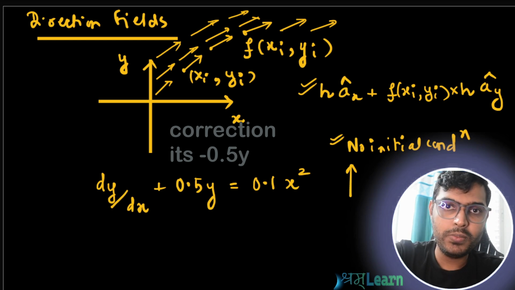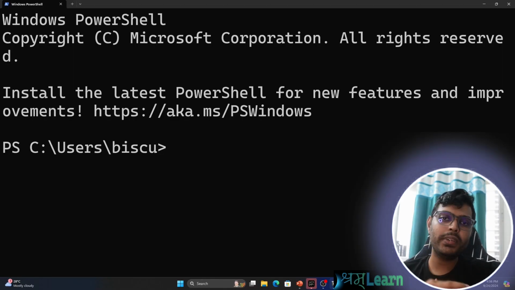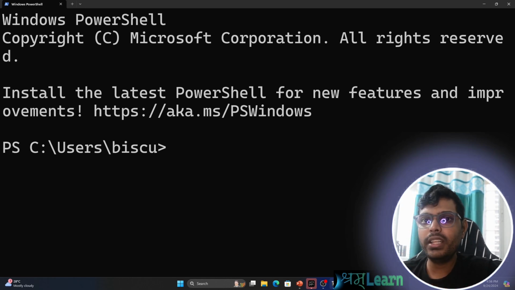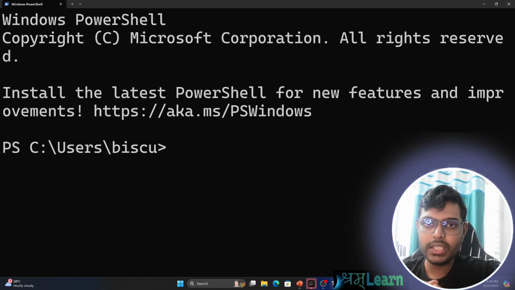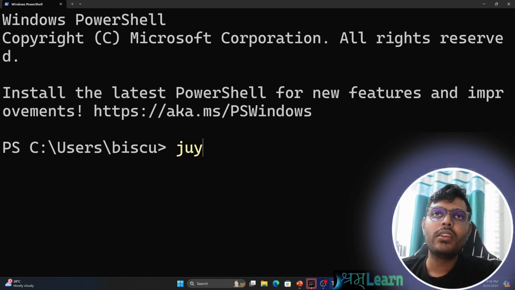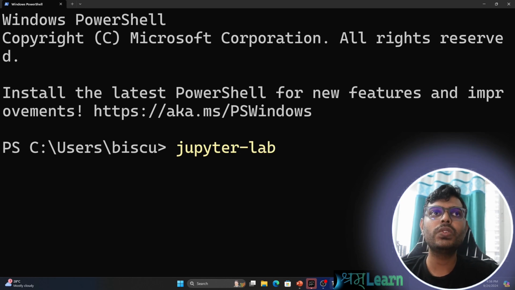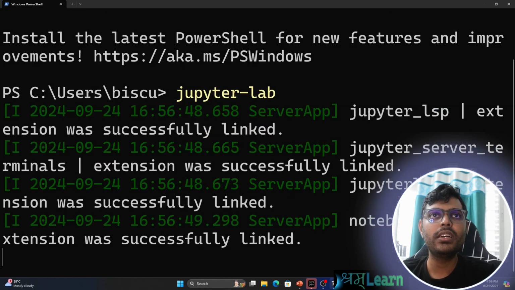So let's get started with our Jupyter notebook. I have opened the terminal, and let us open Jupyter lab. I hope that everybody has added Jupyter lab to the path. By adding to the path, if you write jupyter lab, it will open.